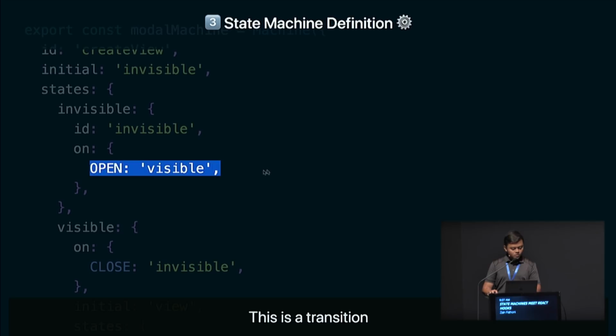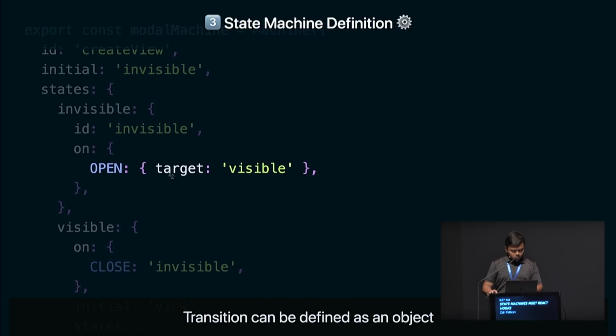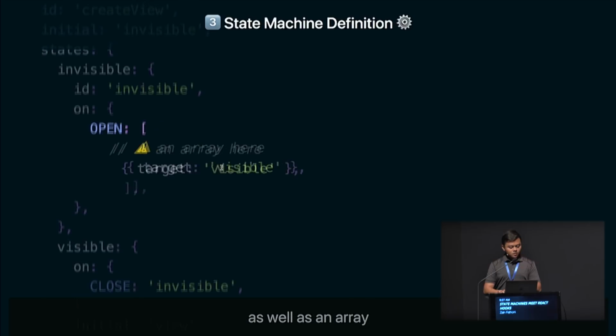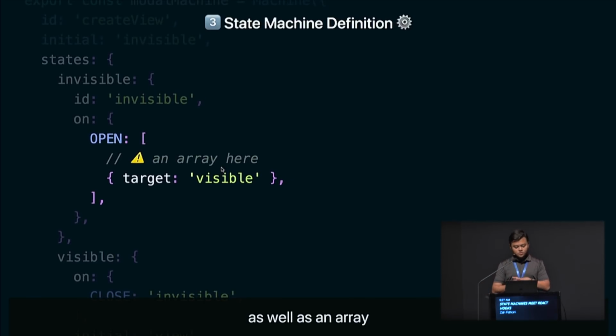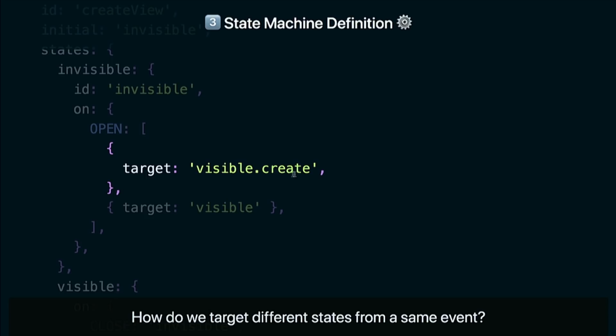And here is how we define the transition, but there is another way of defining this transition, which is defining it as an object so that we can add some more things here. So this is actually the same thing as the previous one. And there's another way to define it as an array so that we can target different things. So now we can target different states from the same state using the same event.